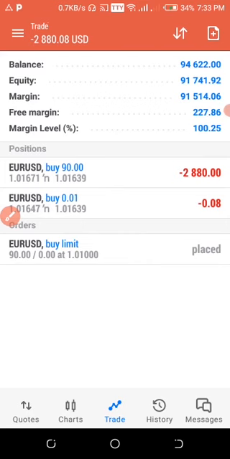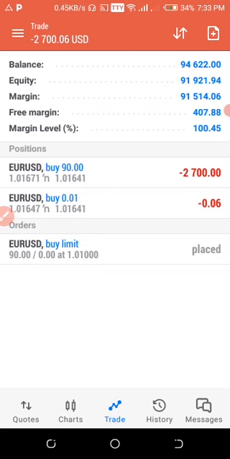But when you put a higher lot size, that means if you have a small account and you put a lot size of 10, then for every pip it moves, if you have an account of $100, that is 10,000, and you put a lot size of 10, it can move to 10.